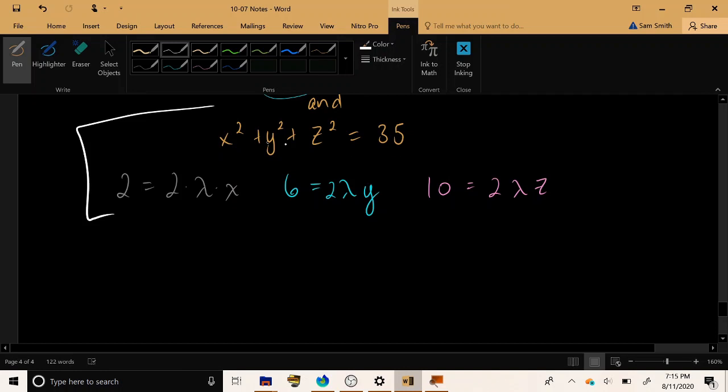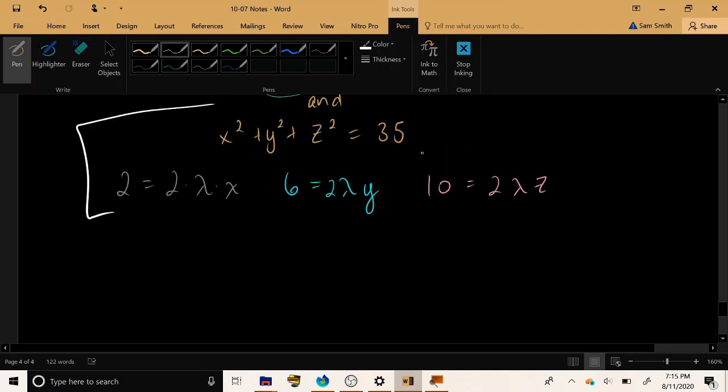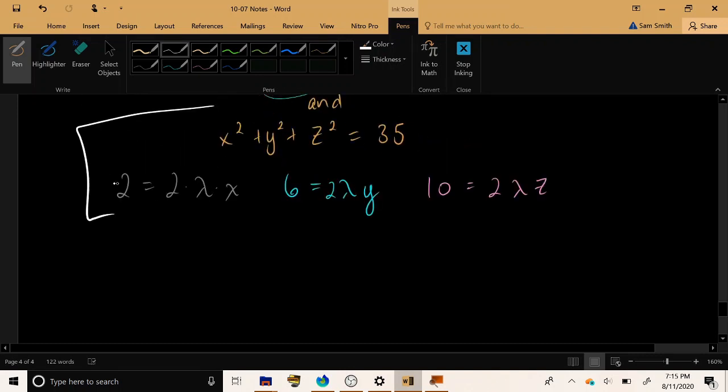Now, of all the equations in this problem, this time I think the constraint equation is the most complicated. So I think it might be easier to manipulate the 3 gradient equations first, and see what information we can get out of that.